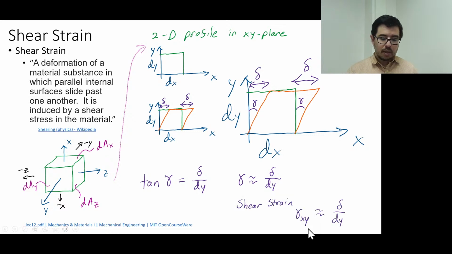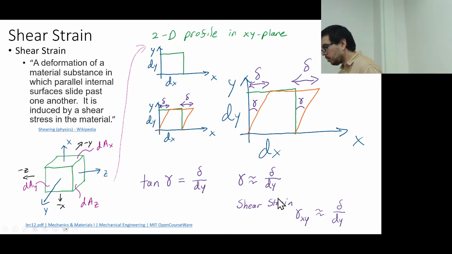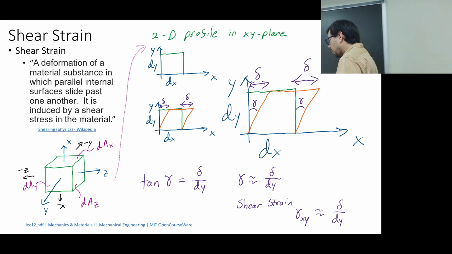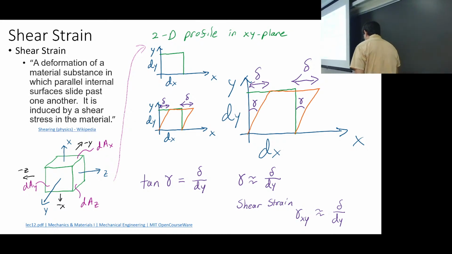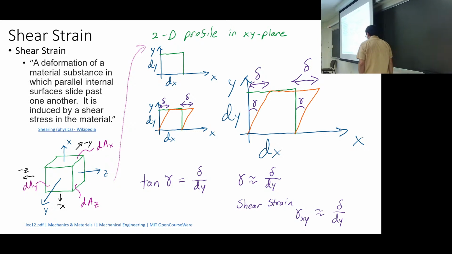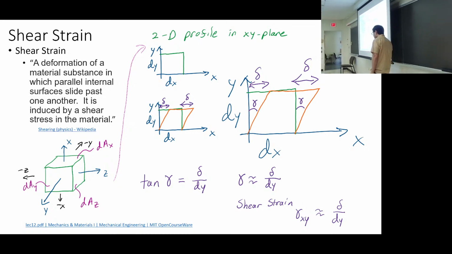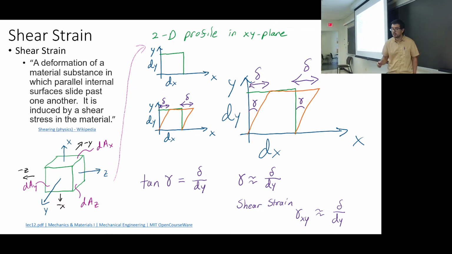And just like we talked about equilibrium with tau xy equal to tau yx, we get to similar situations where gamma xy is going to be equal to gamma yx.